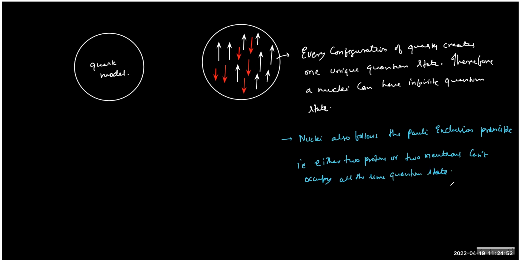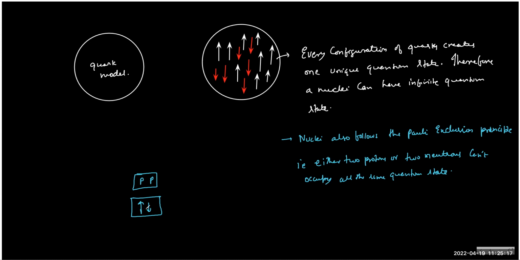What does it mean? If we have two protons, they cannot live with all the same quantum state. If you remember the box model of electronic configuration, you represent the two electrons in a box by opposite spin, right? The whole idea of representing it like this is so that they may have the other quantum numbers the same.